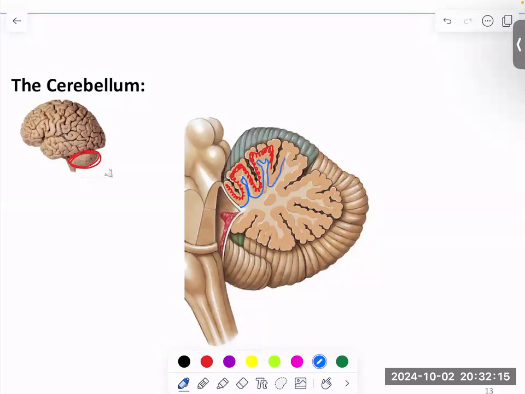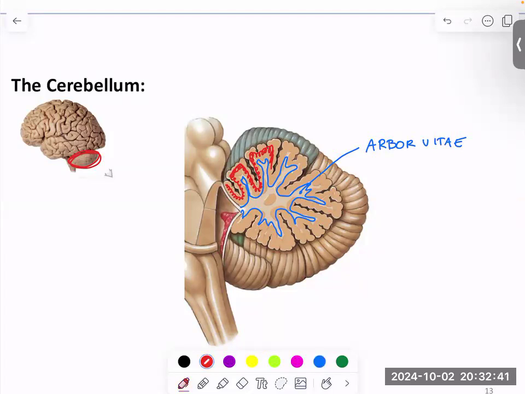For the cerebellum, I love this term, the white matter of the cerebellum is called the arbor tree vitae, the tree of life. Because without the cerebellum, no life.